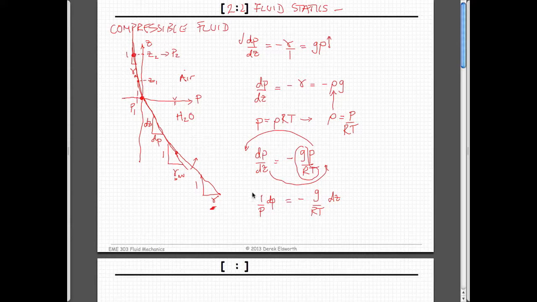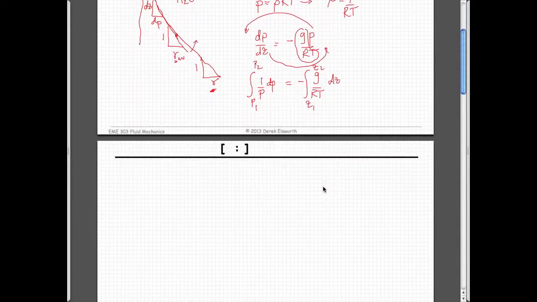And so what we can do now is integrate this, and we'll integrate it between the pressure that we hope we know and the pressure we don't know. And we'll integrate it between the two locations where we know we might be. And if we do that, well, you've certainly seen these integrals before.